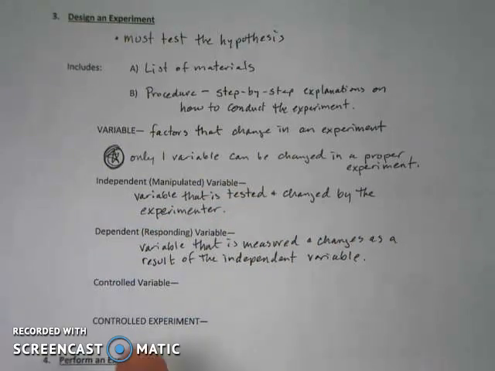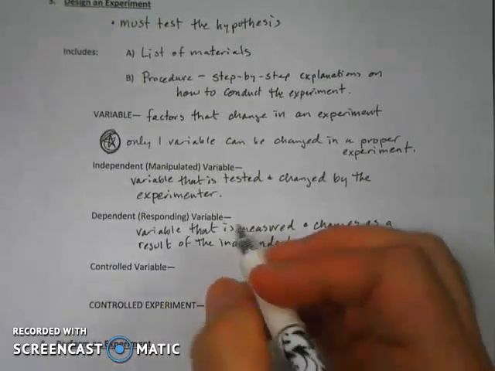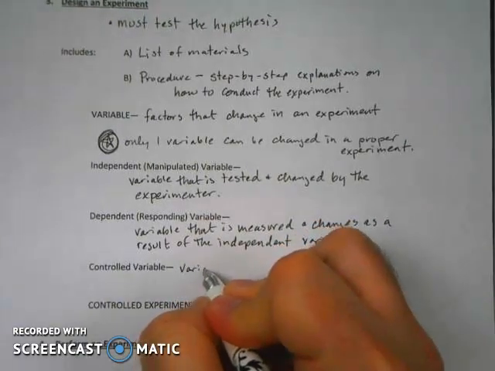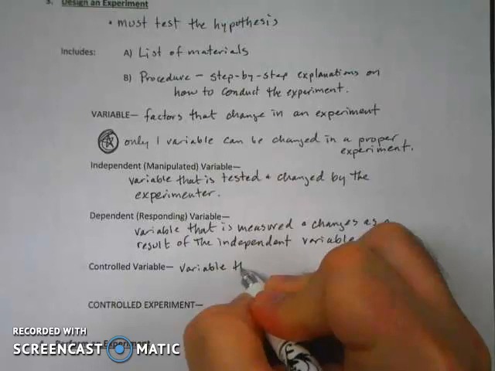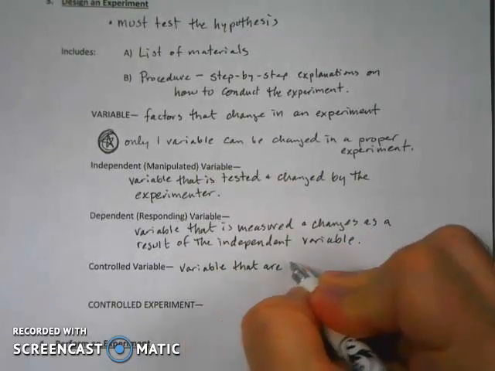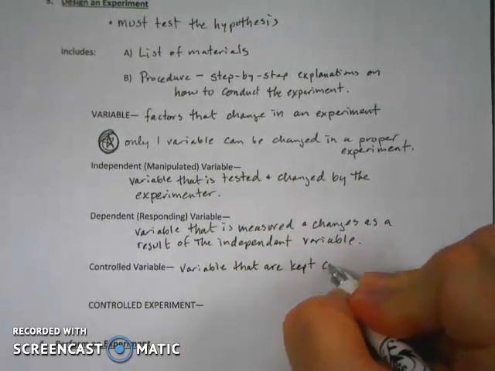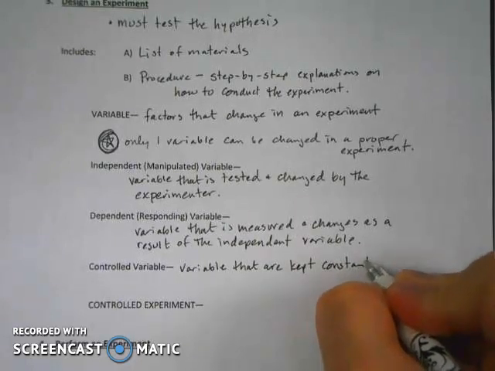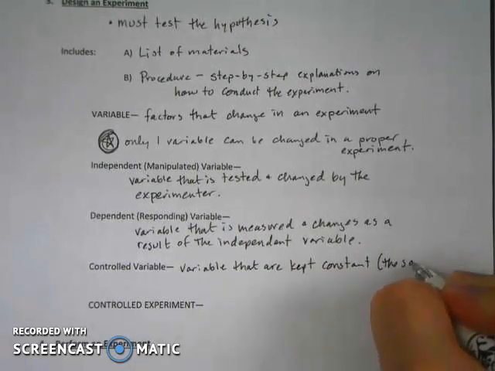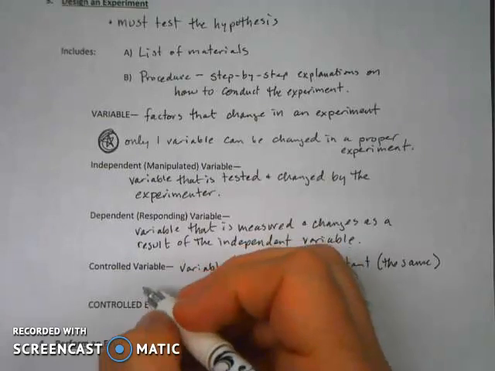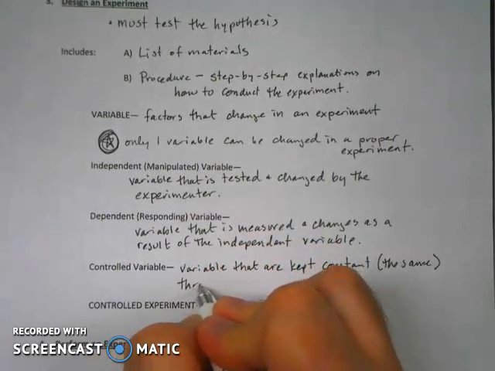All the other things have to be controlled. So these are variables that are kept constant or the same throughout the experiment.